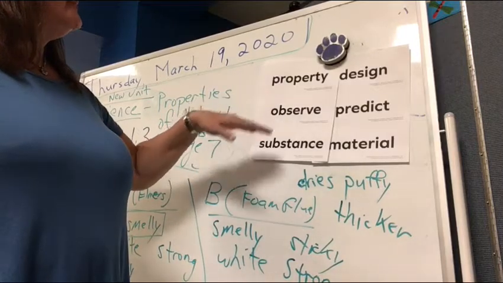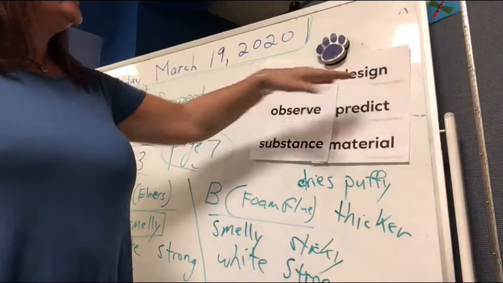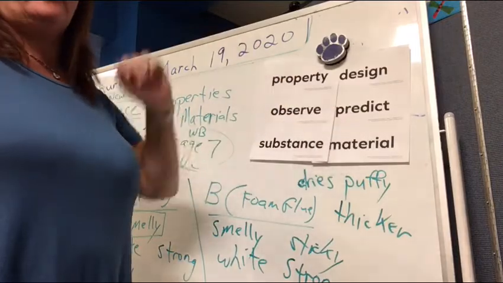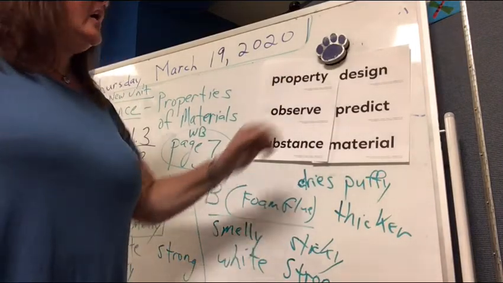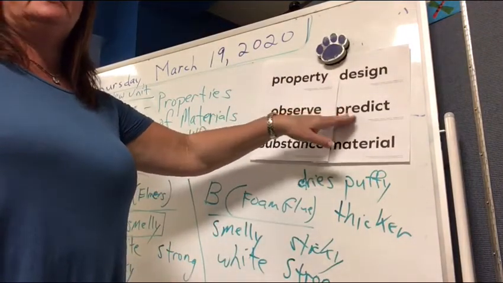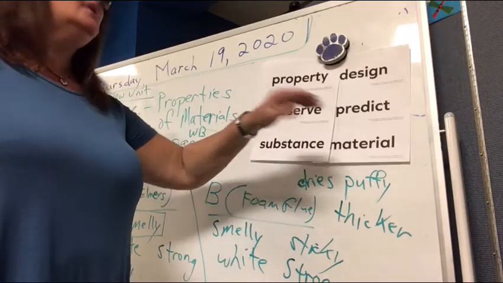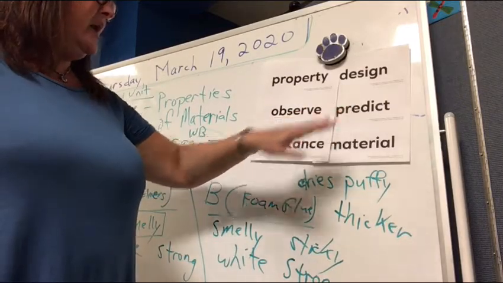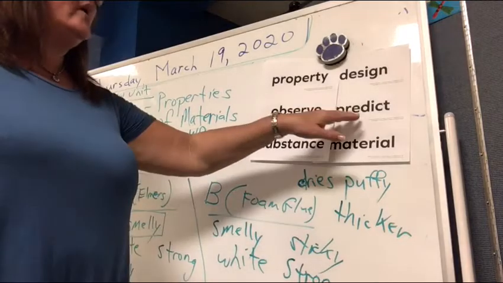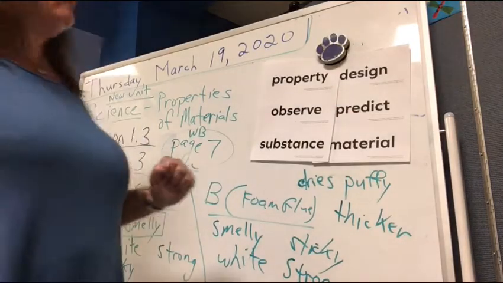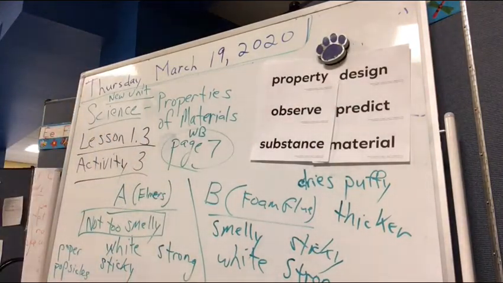We observed them, and we're going to design our own glue, and we're going to predict what our own glue is going to be able to hold onto, if it's going to be sticky, if it's going to smell, if it's going to be strong enough, what we'll be able to glue together with our own glue. So that is page 7 in our science book.